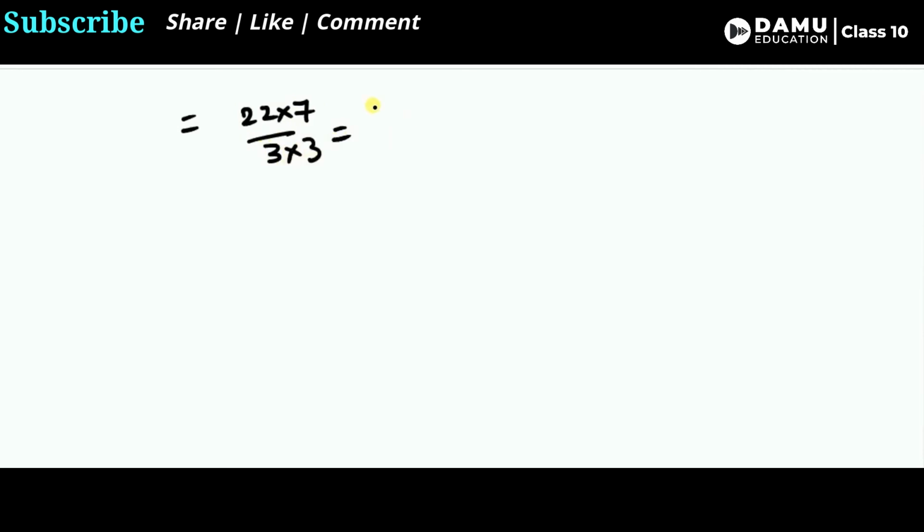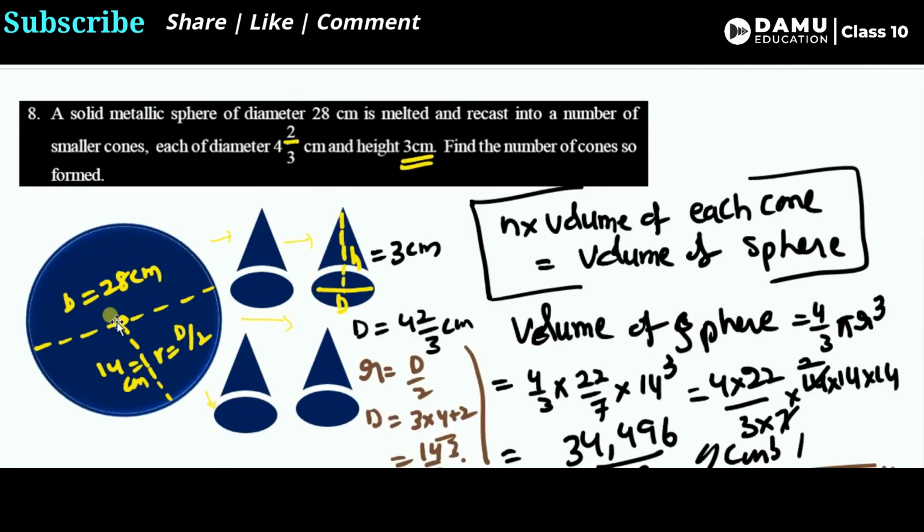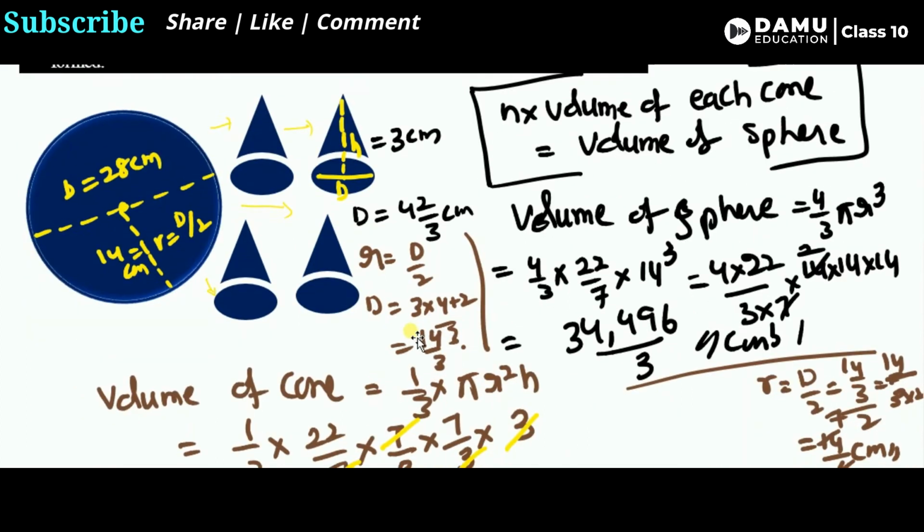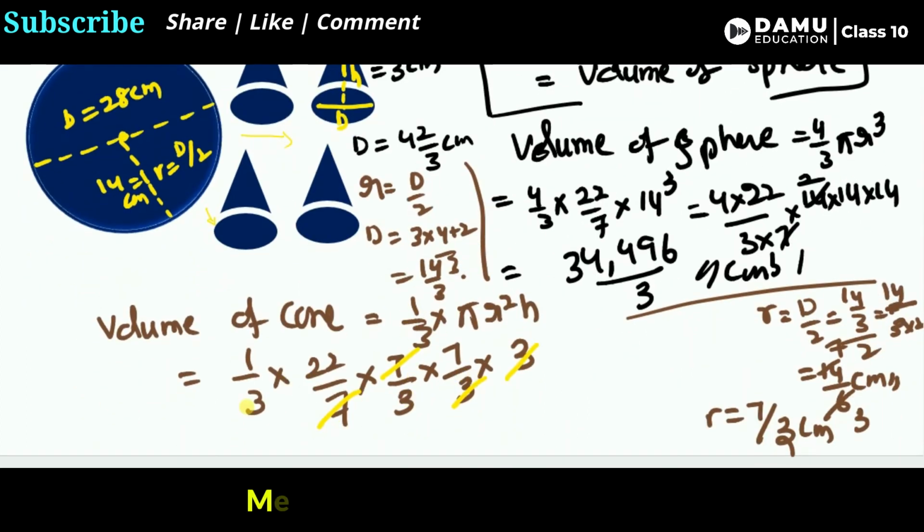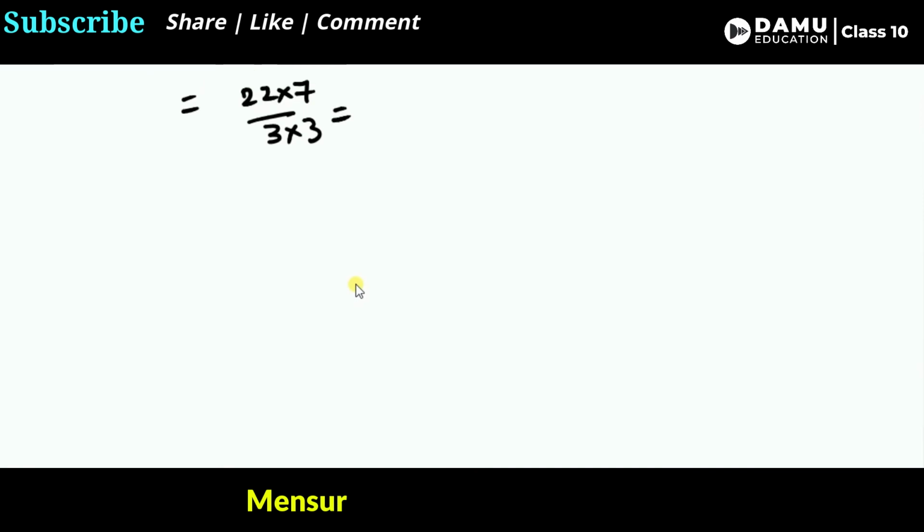The value will be equal to 22 into 7, 154 by 9.